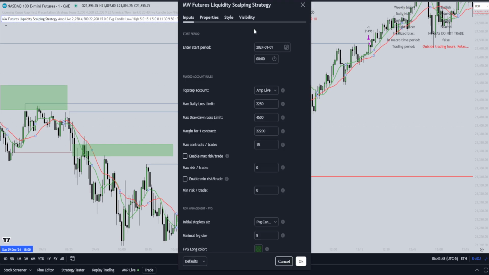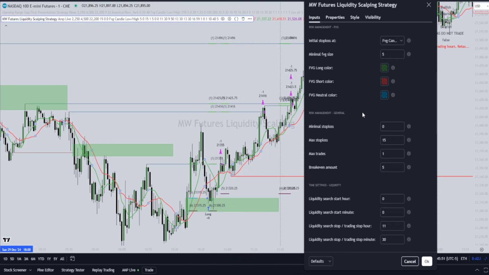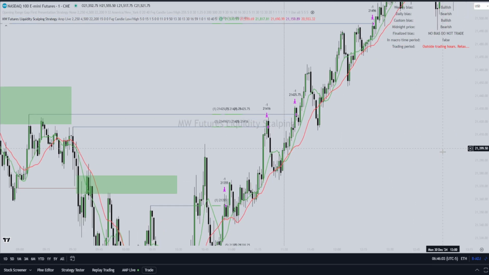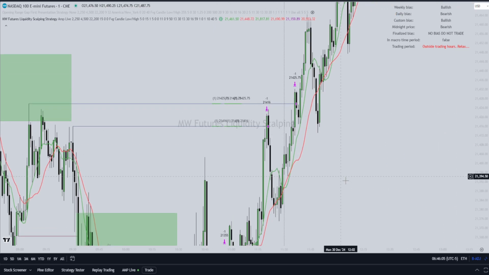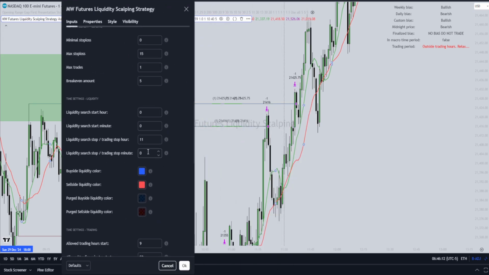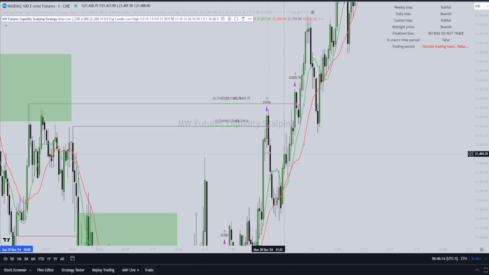So if we, for example, would change this 11:30 to 11, you see that this liquidity line is no longer drawn. And it changes a lot in the actual mechanics of the script. Because if we place it back to 11:30, pay close attention to what happens.